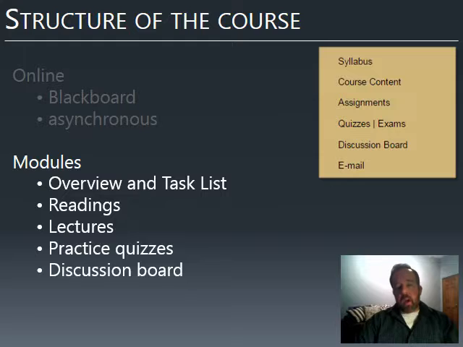The other part of the discussion board is our weekly discussion, and that is where I will post a question, and then it's up to you to answer it. And these are not yes or no, these are not right or wrong type questions. These are, again, trying to engage those critical thinking skills. These will be controversial questions.